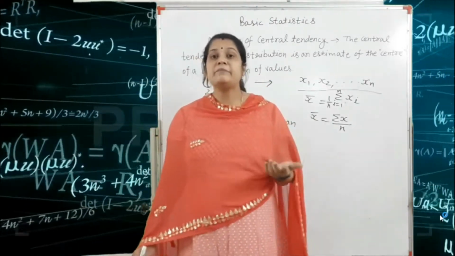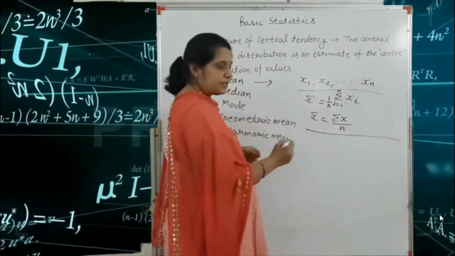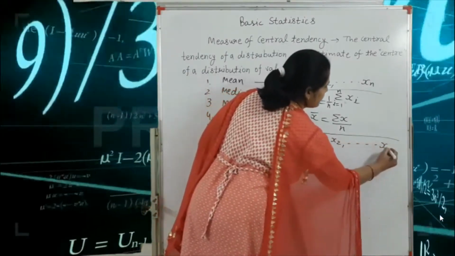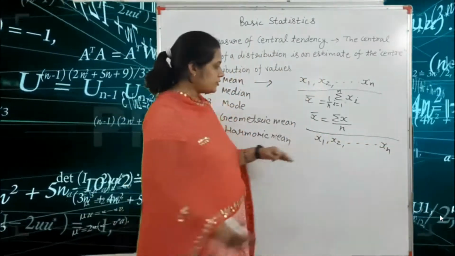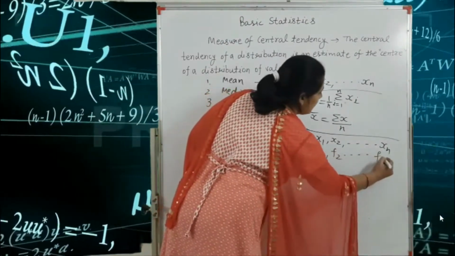And for grouped data, what do we mean by grouped data? We are given the terms x1, x2 up to xn, and according to these we have the frequencies f1, f2 up to fn.